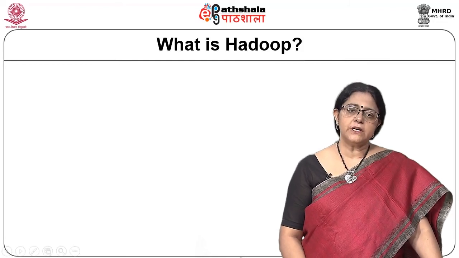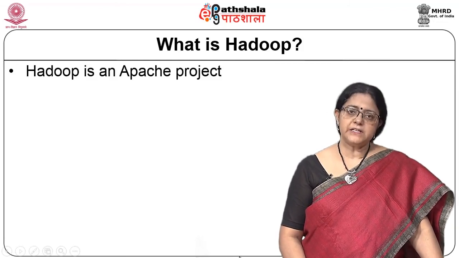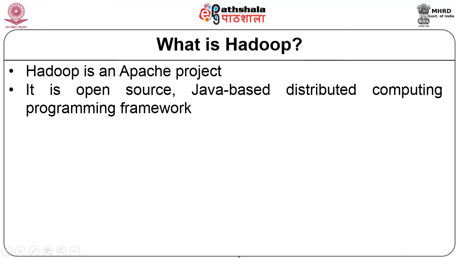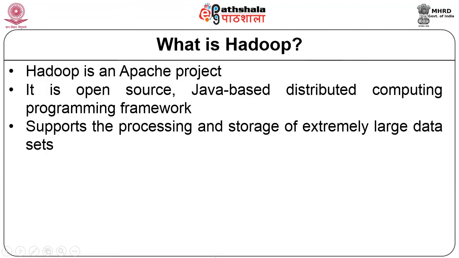So, let us look at what Hadoop is. Hadoop is an Apache project actually. It is an open source Java based distributed computing programming framework, and it supports a very large amount of data that can be processed or churned using only commodity hardware. Hadoop has two parts.